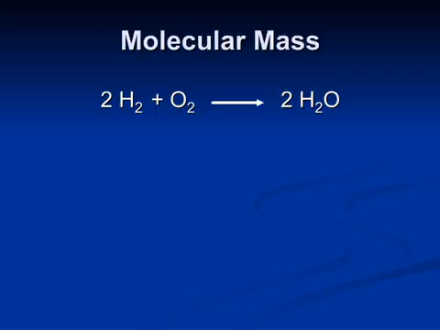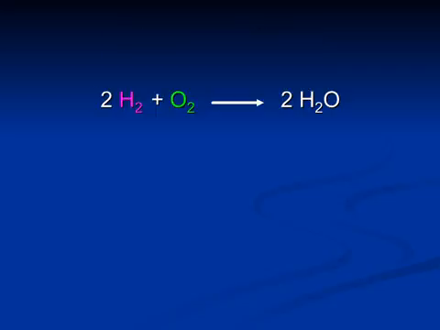But what about the moles of molecules in an equation? What we first need to do is find out the molecular mass of the reactants. And our reactants are hydrogen and oxygen. So look at your periodic table and find out the masses for hydrogen and oxygen. Okay, the masses are approximately 1 for hydrogen and 16 for oxygen.